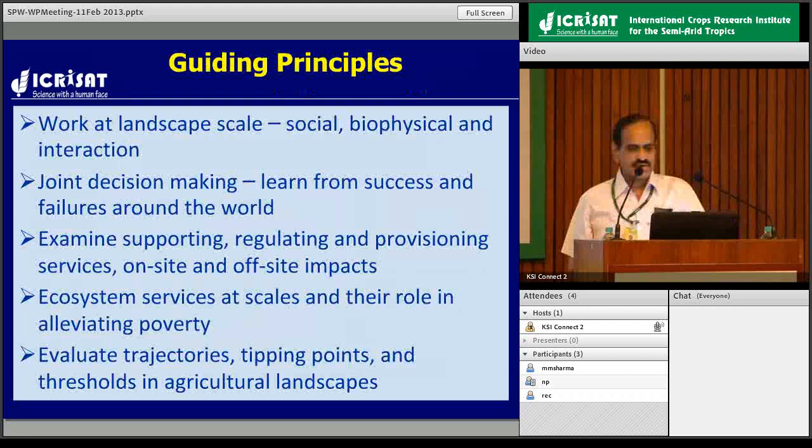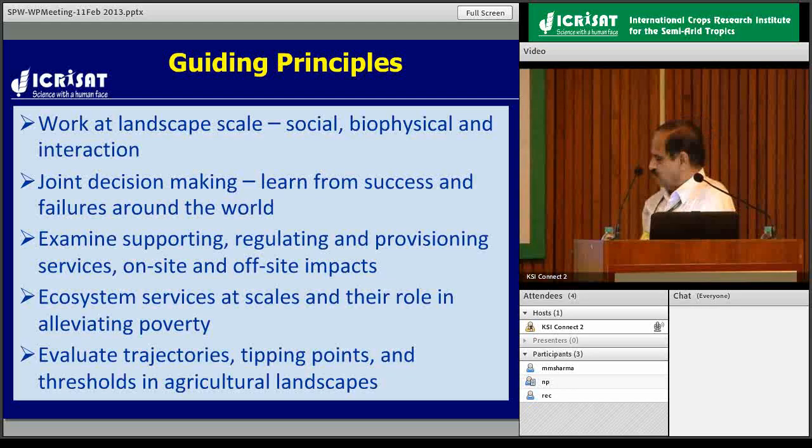The guiding principles are: work at the landscape scale, with social and biophysical interactions. So anything which is at the individual field level, where interventions can be made, is out of the boundary for this particular research program, and so are all the area development activities. On the larger scale, whether it is at a micro scale of 500 hectares, at a district level, or at a micro watershed or a basin level, that is the area of this particular research program.